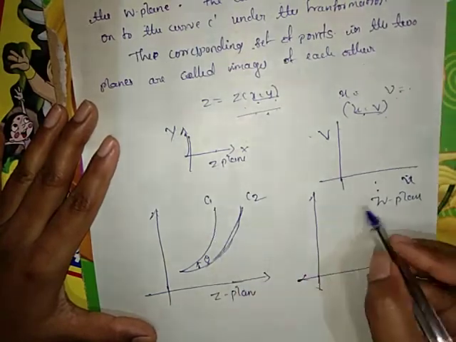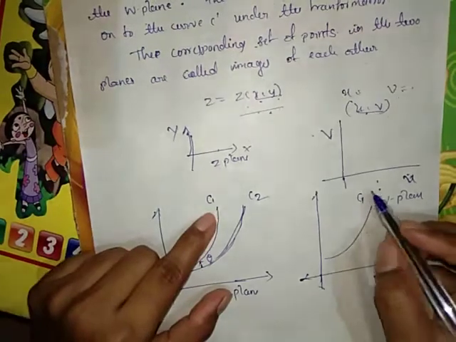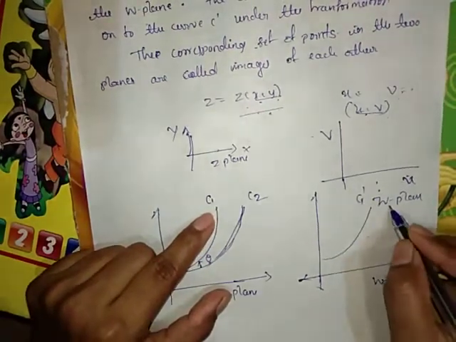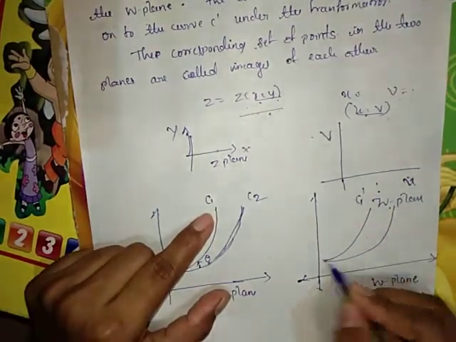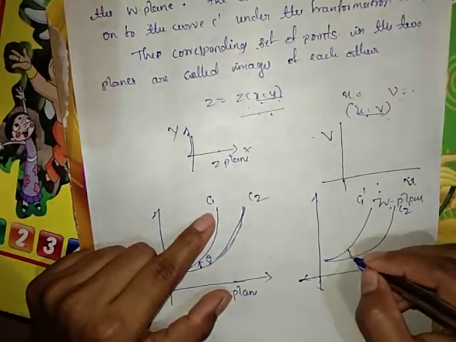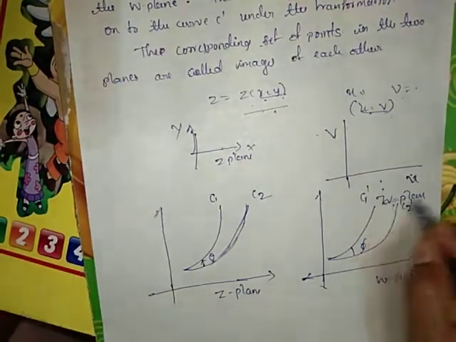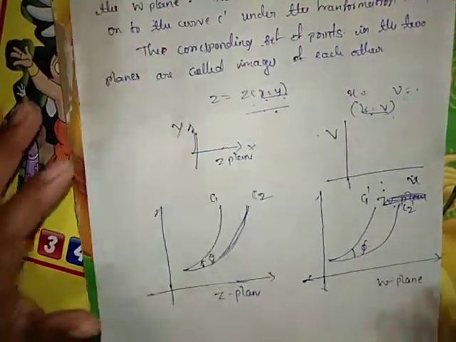Similarly, the curve C1 is mapped onto C1 dash, the curve C2 is mapped onto C2 dash, and again there is an angle between C1 dash and C2 dash in the W plane.